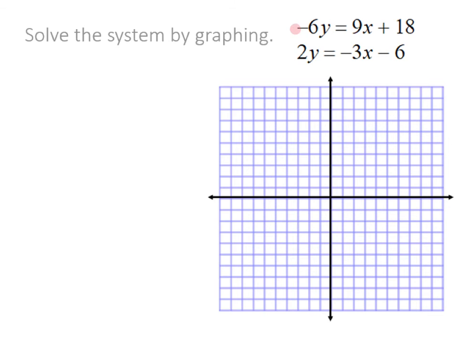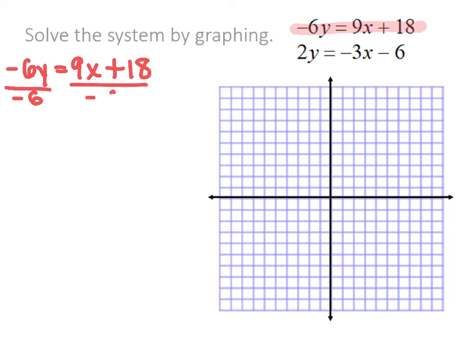Now for the next example, we're first going to solve for y in the first equation. So we have negative 6y equals 9x plus 18. If we want to solve to get y by itself, we would have to divide everything on both sides of the equation by negative 6. So we'd have y equals negative 9 over 6x, and 18 divided by negative 6 is negative 3.